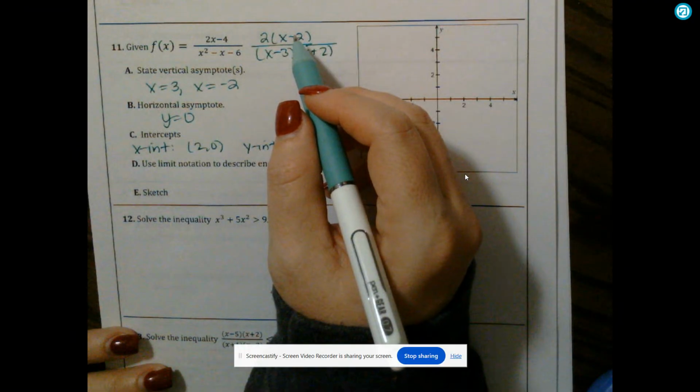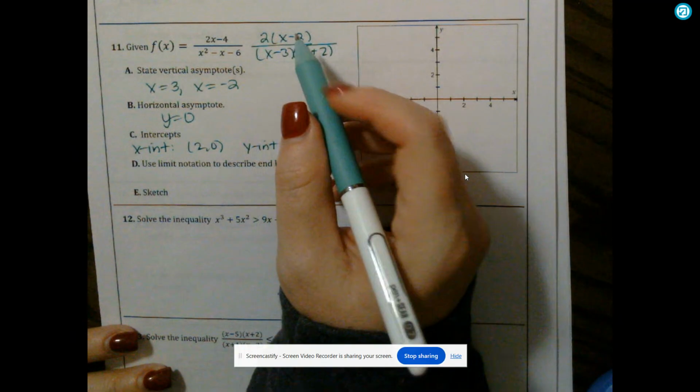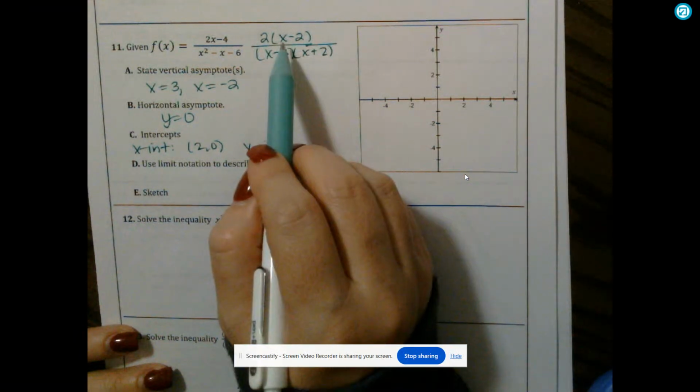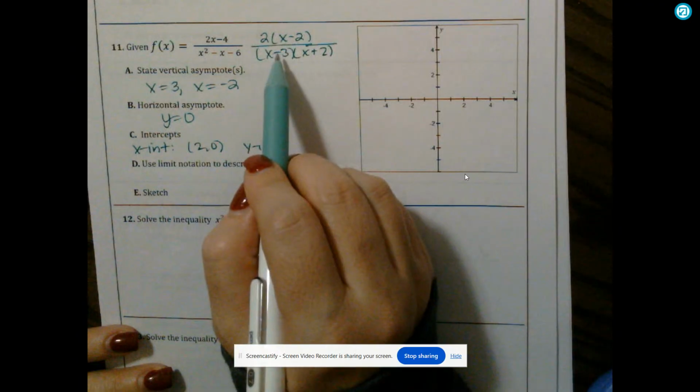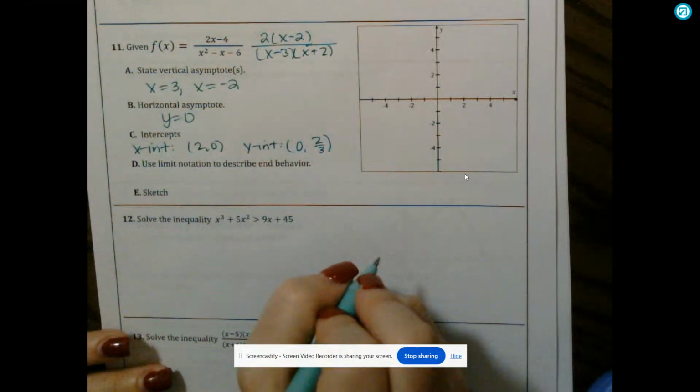So I'll plug in 0 for everything. That's going to give me -4 over -3, and +2 would give me -6. So -4 over -6 is going to be 2/3. So (0, 2/3).